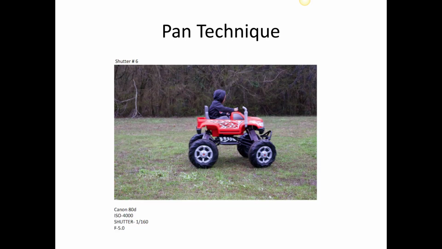All right. This was a pan technique, and when you are swinging your camera left to right, even though this four-wheeler may be going at a pretty good speed, it looks like it's just stalled out there. Now, if this is done just right, then the background might actually be blurred in a left to right fashion, and that can create a sense of speed.